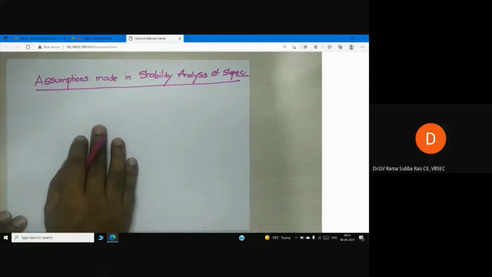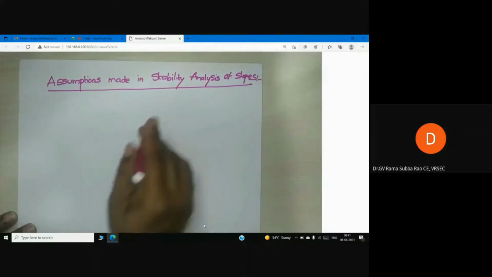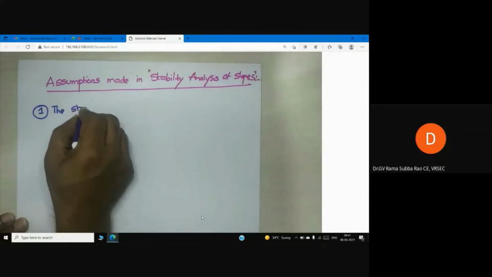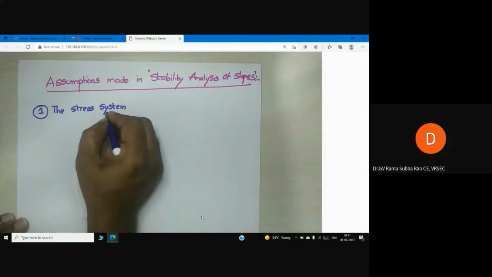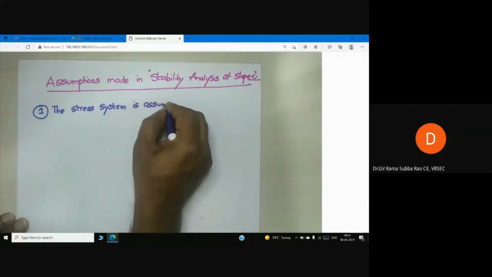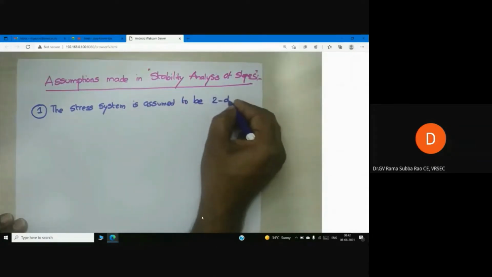What are the assumptions we are making for performing stability analysis of slopes? The stress system is assumed to be two-dimensional.